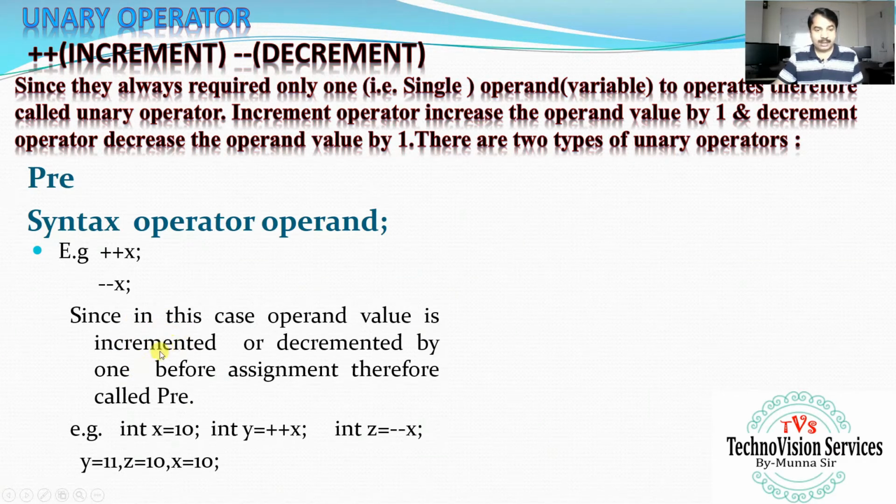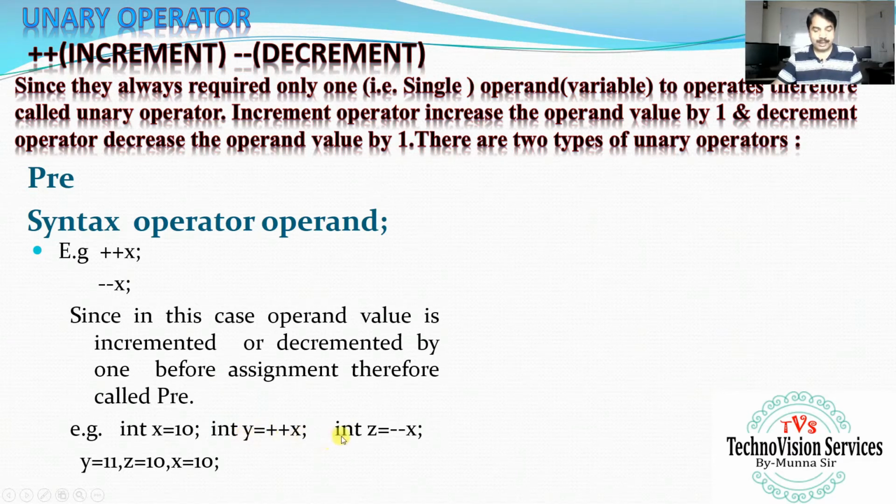So let's see through an example how it works. int x = 10, which means we have initialized the variable x with the value 10. On the next line, int y = ++x, which means it will first increment the value and then assign.